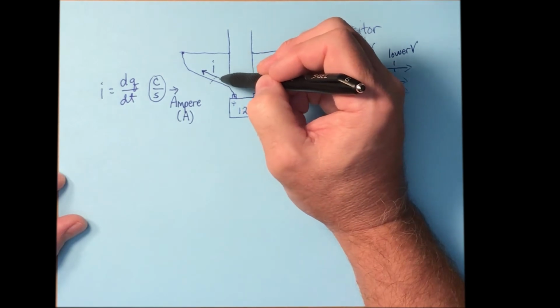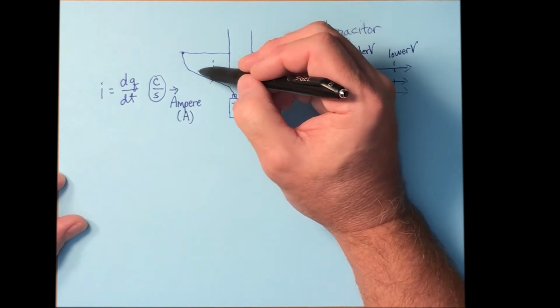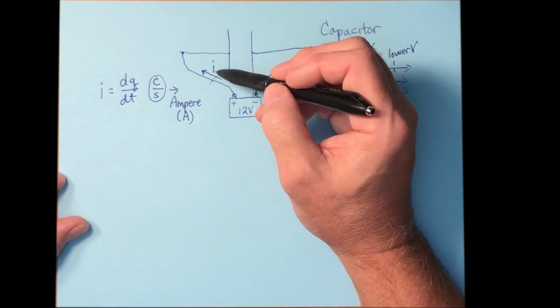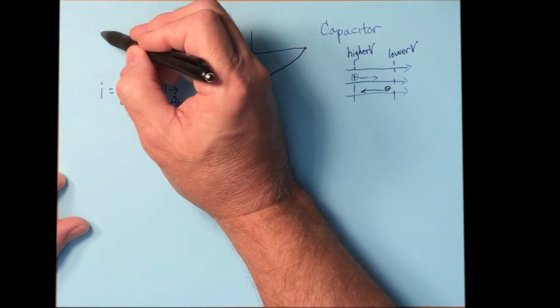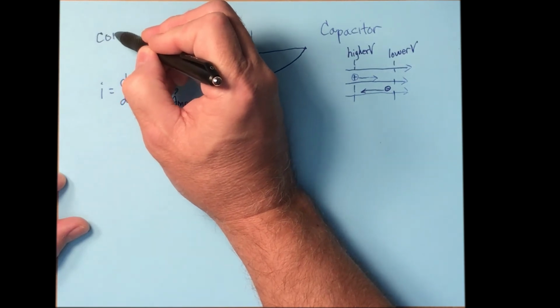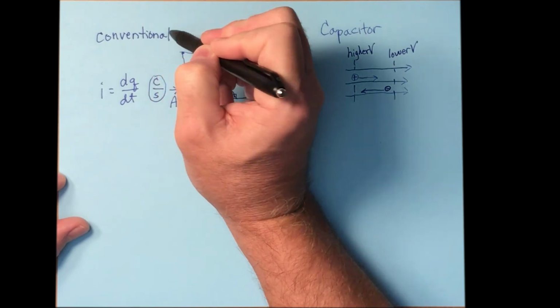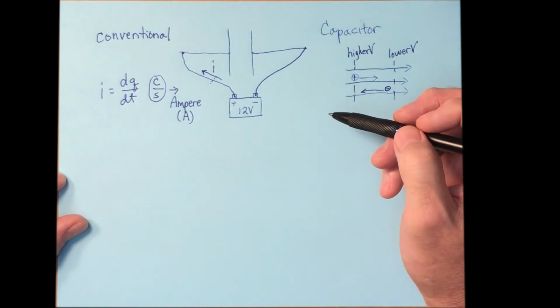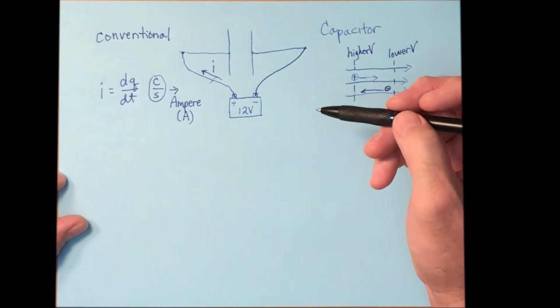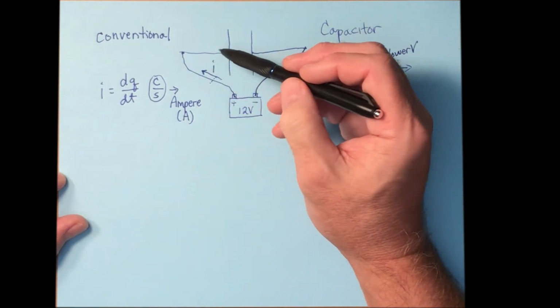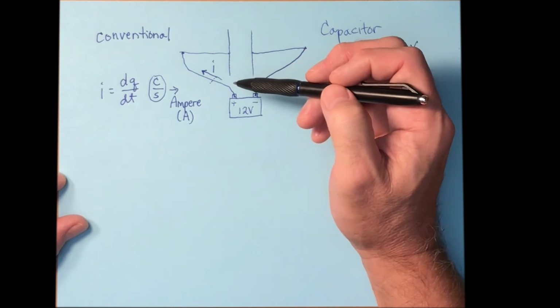We're assuming that it's a positive current flow moving in that direction. Now, anytime you assume a positive current flow, that's called a traditional or conventional current flow. So for the most part in this class, we will assume that positive charges are moving, and we'll talk about conventional current flows.